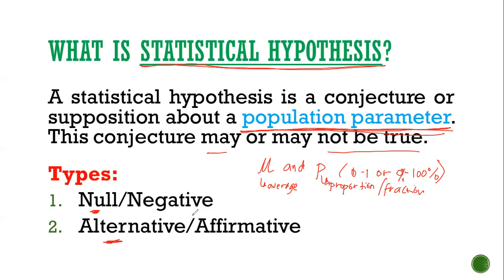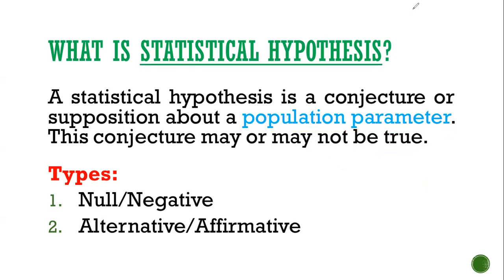So if you have printed the lecture notes, please highlight null and alternative. Yun yung dalawang gagamitin natin. I will not be mentioning negative and affirmative. Baka kasi mapagpaliktad ninyo. Alright, so you may take a screenshot and then I will clear the drawings.